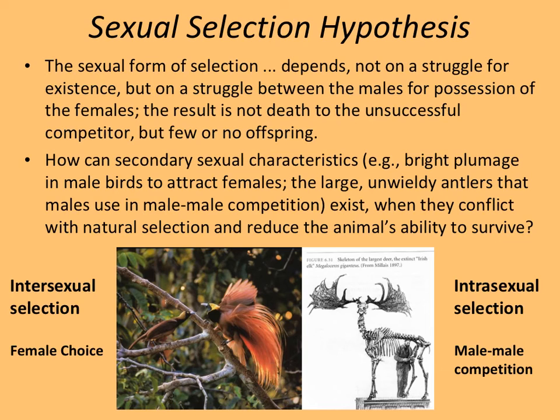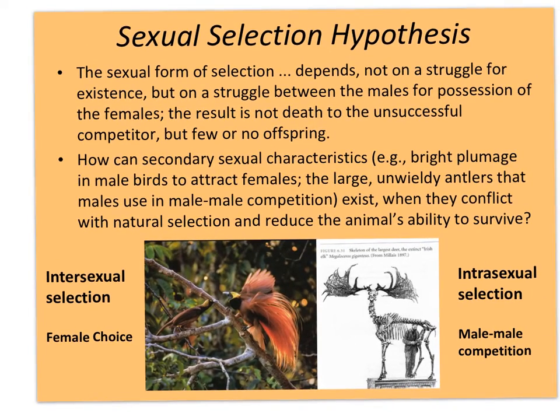Okay, and then there's something called sexual selection. This is a hypothesis. This is part of Darwinian thinking. Darwin noticed that oftentimes male animals and females look different.